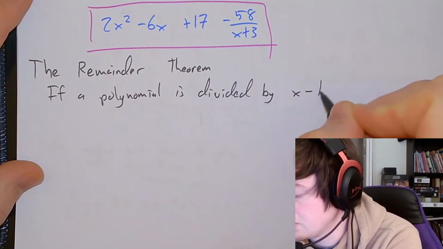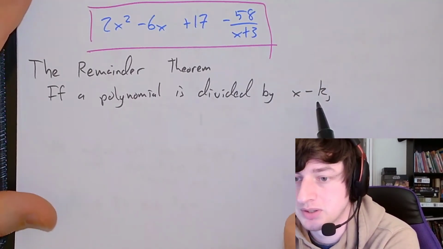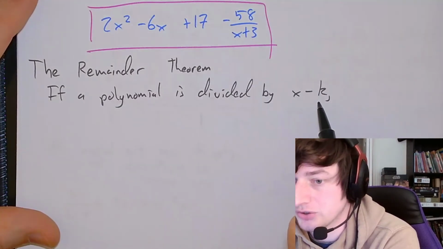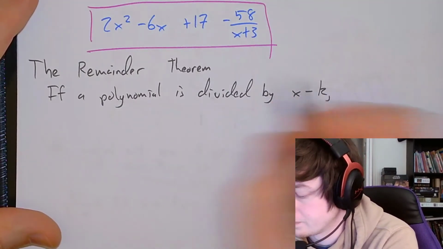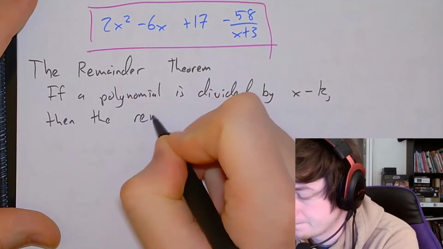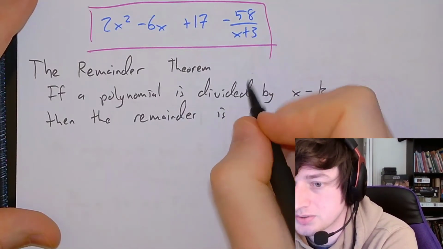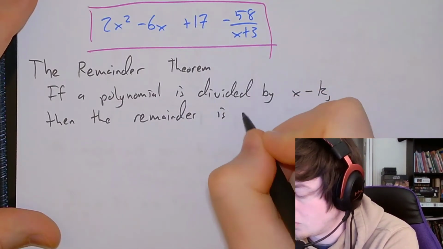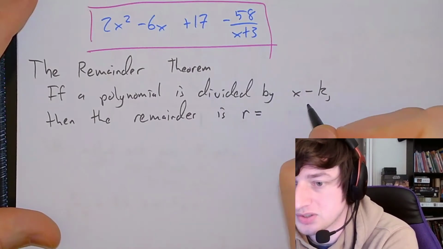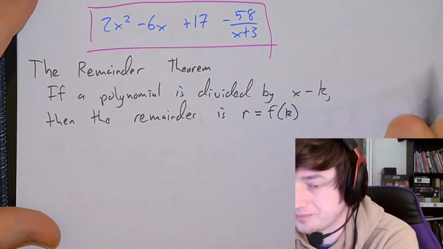x minus k, so remember this could be plus, right? K could be negative and then be plus. Then the remainder r is equal to f of k.